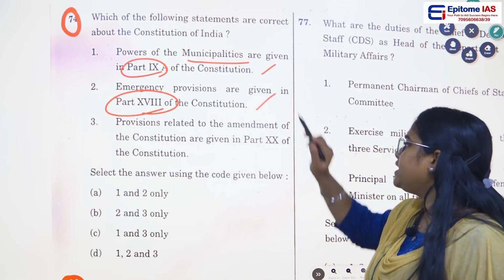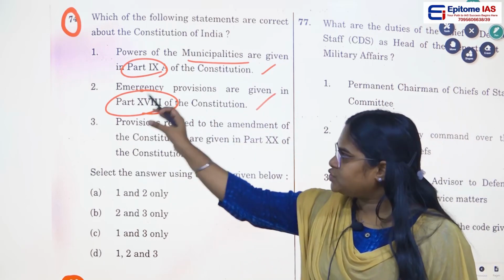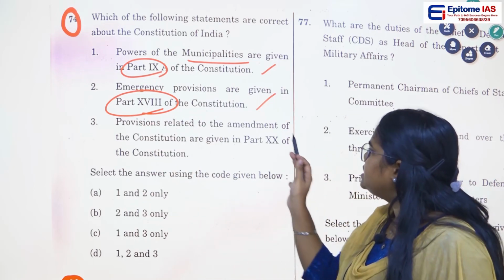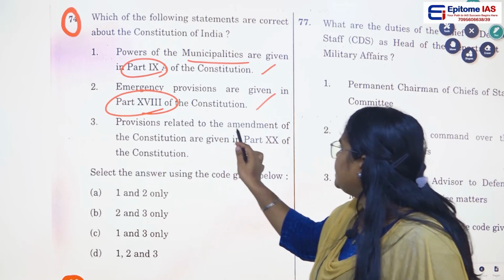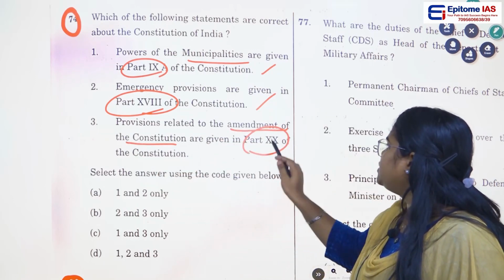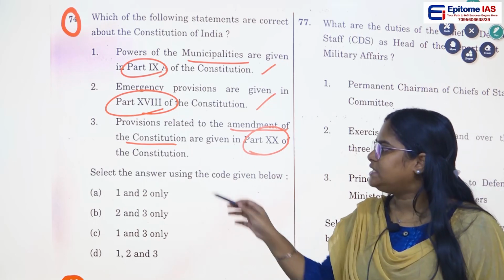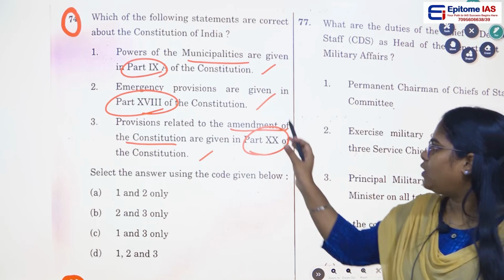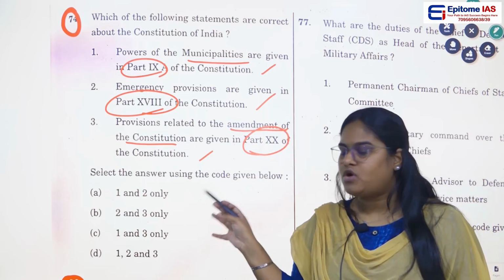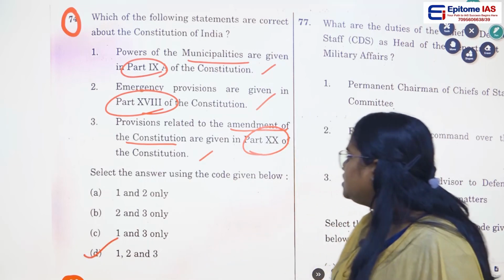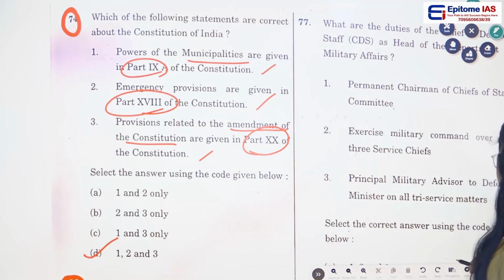Yes, this is also correct. Part 18 is related to the emergency provisions. And statement 3, the provisions related to amendment of the Constitution are given in Part 20 of the Constitution. Yes, this is also correct because Part 20 talks about the amendment of the Constitution. So what is the correct answer? Answer is 1, 2 and 3. Option D is the correct answer.